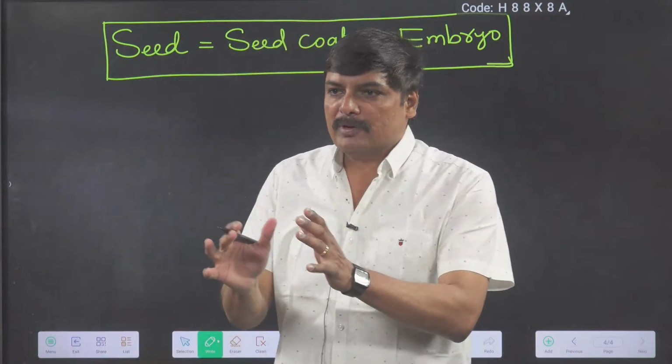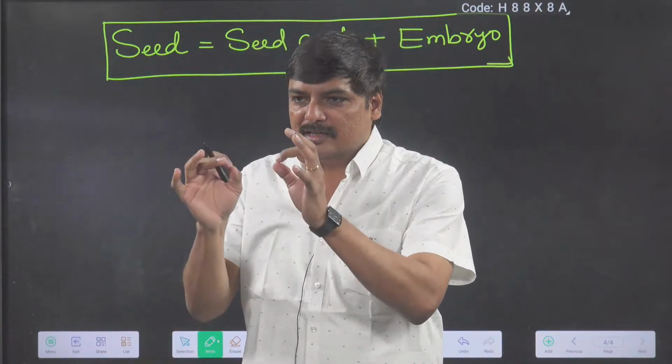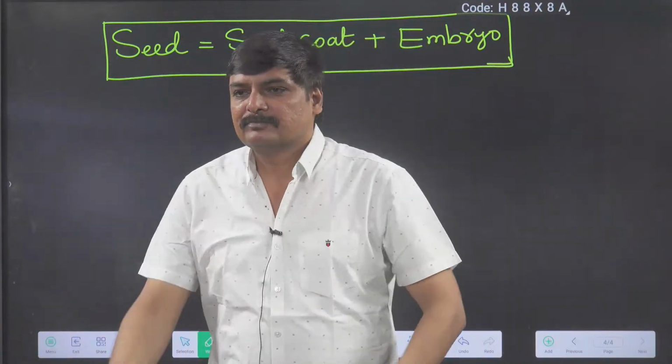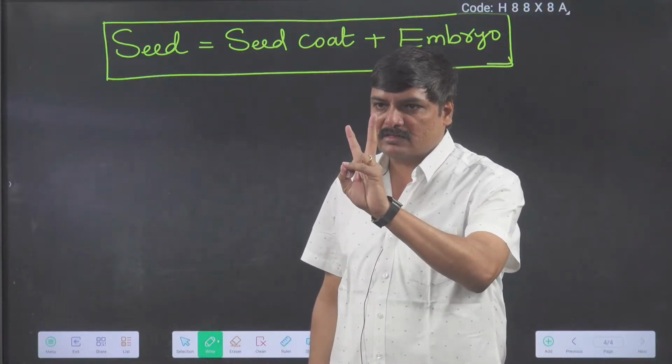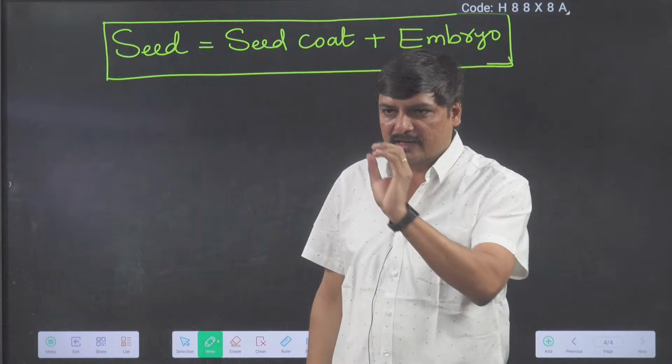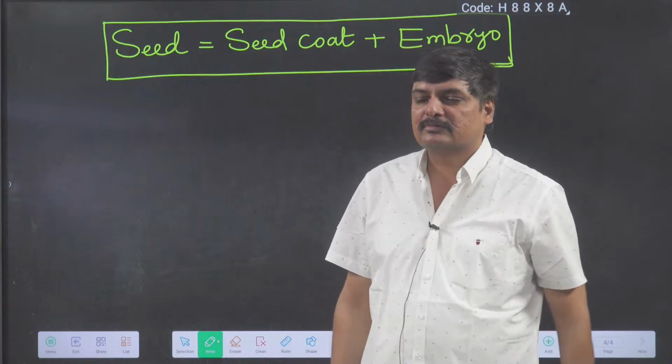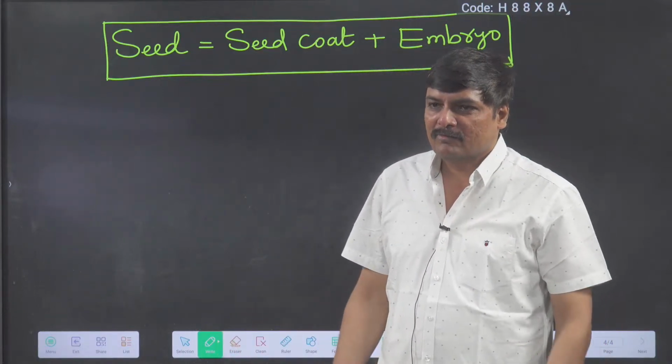Seed coat plus embryo is equal to seed. A seed contains two parts, namely seed coat plus embryo. Similarly, first point you understood.